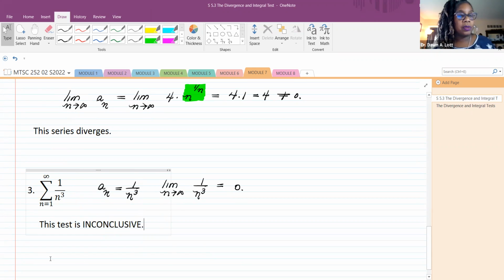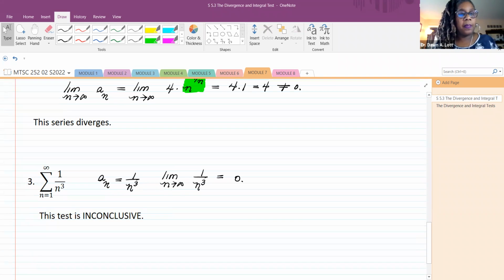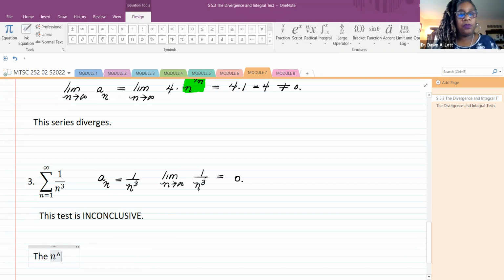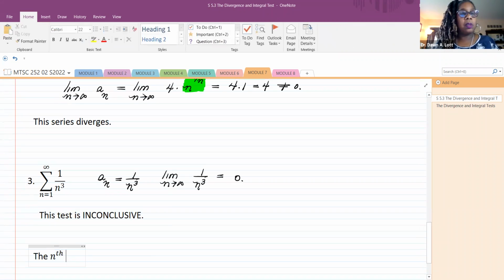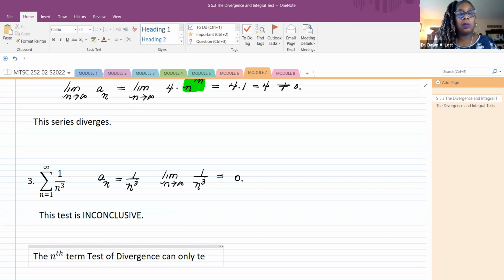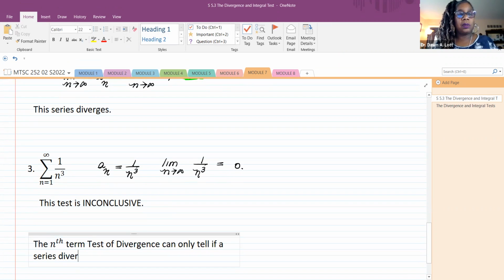In other words, the nth term test of divergence can only tell if a series diverges.